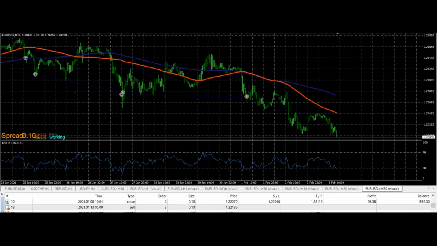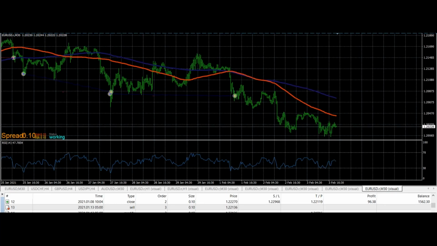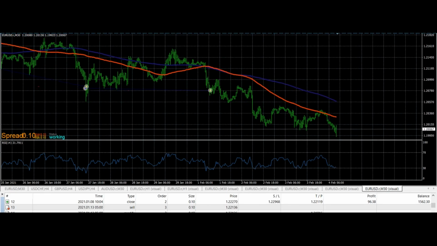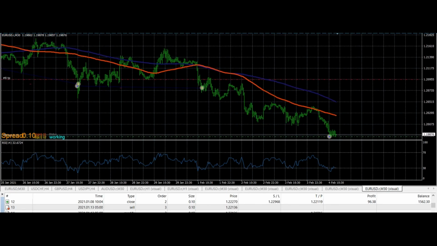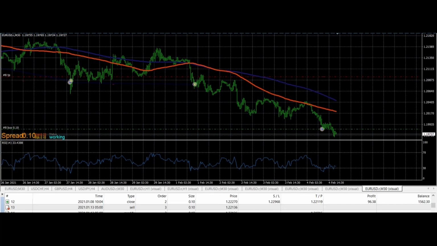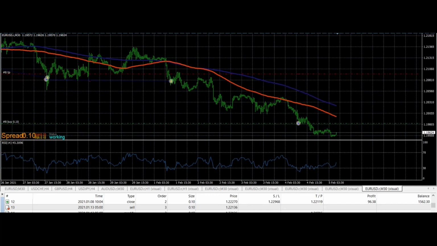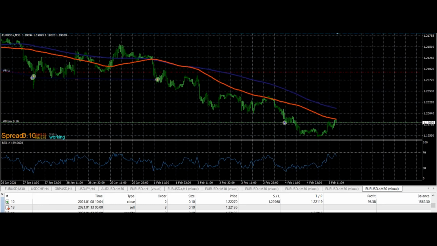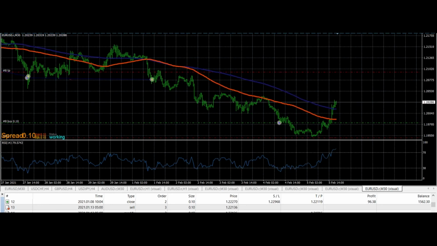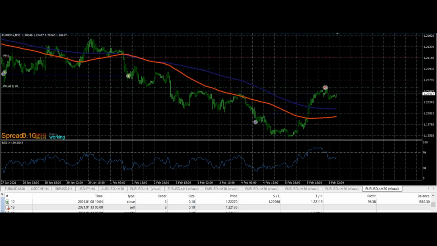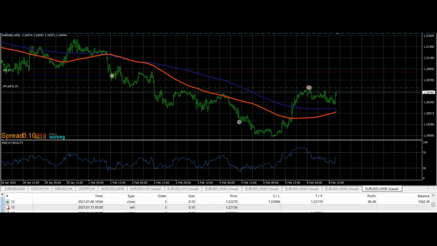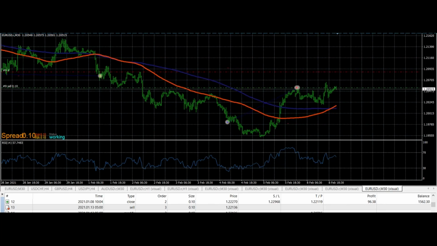And when you see the blue, it says buy, we took a buy trade. As you see in the left corner, we took a buy trade just right now. Yeah, it is a pretty good trade.